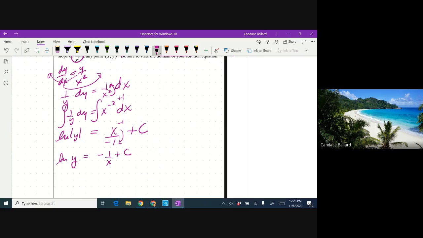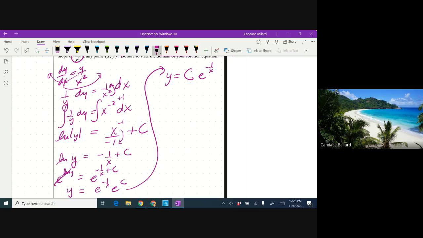But that's me. So I'm going to exponentiate e to the negative 1 over x plus c. These guys cancel, so y equals, and I'm going to split that up. E to the c, right? So y equals, yeah, I think his name is Ryan. All right, c e to the negative 1 over x.